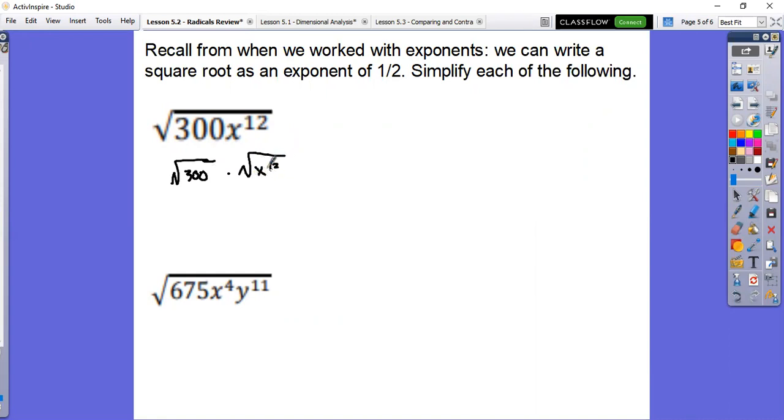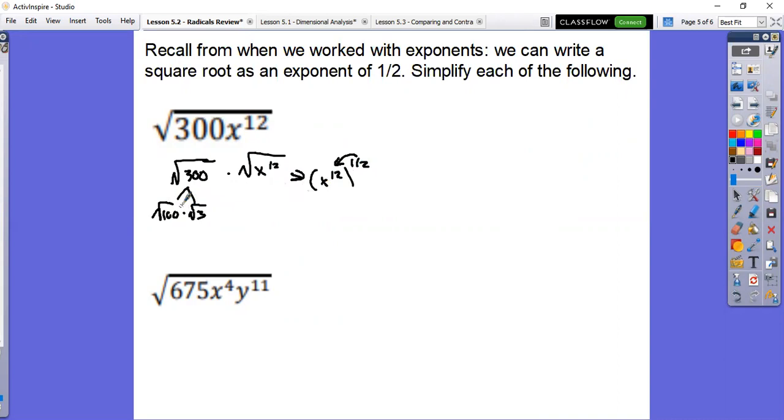Now, if we remember, I can rewrite this square root as an exponent of 1/2, and then over here, I notice that this is divisible by 100. So I can rewrite this as the square root of 100 times the square root of 3. It's important this is divisible by 100 because 100 is a perfect square. And then over here, I can rewrite this term as x to the 12th to the 1/2, and now I can invoke my exponent rules and multiply 1/2 by 12.